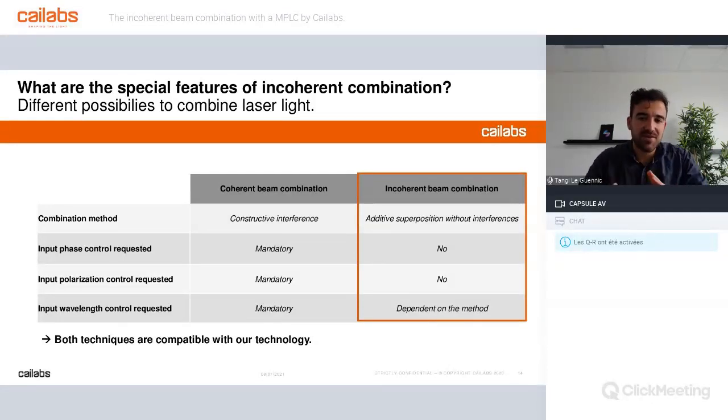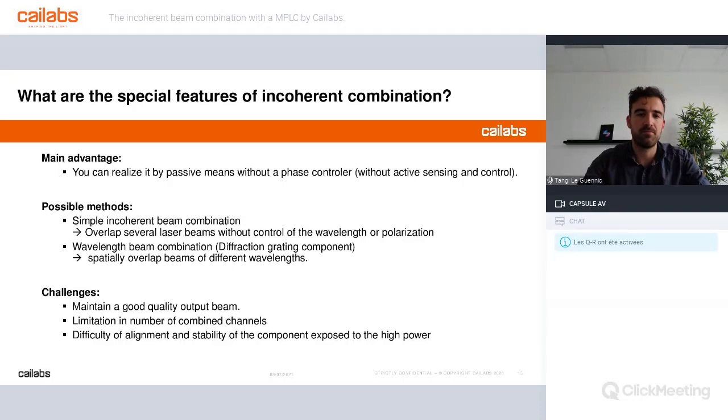The combination method is based on using constructive interferences. One of the main advantages of the incoherent beam technology is that you do not need these controls in phase and in polarization, and it's just an additive superposition without interferences.